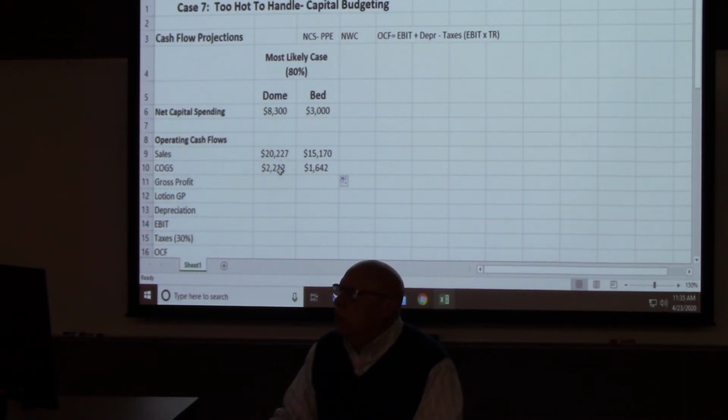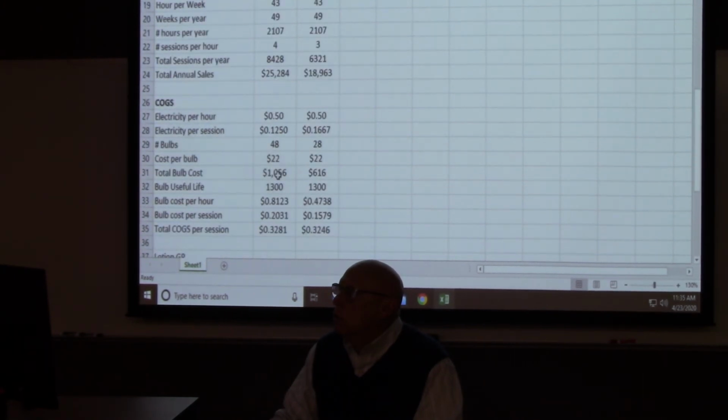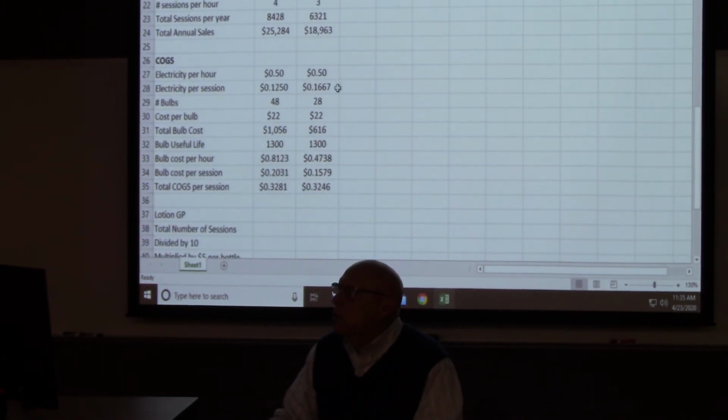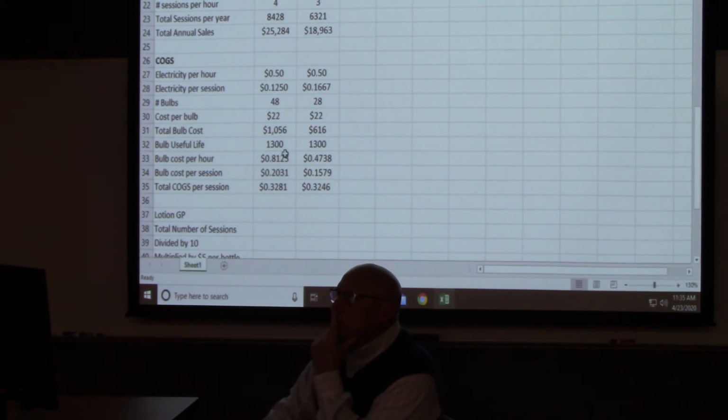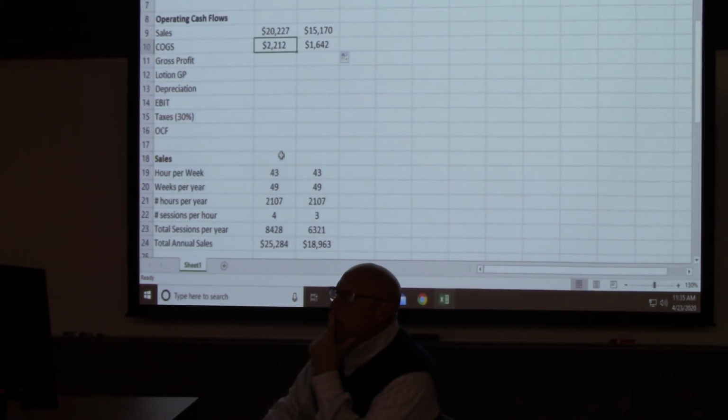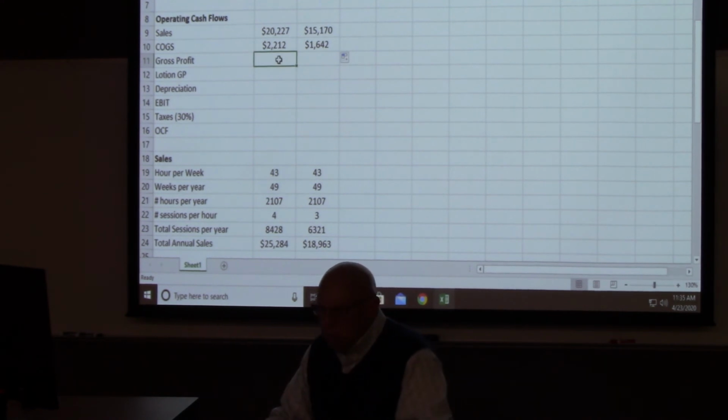All right, and then the cost is just the electricity and the bulbs. Yeah, that all looks right to me. Okay, so our gross profit is equal to our sales minus our cost of goods sold.